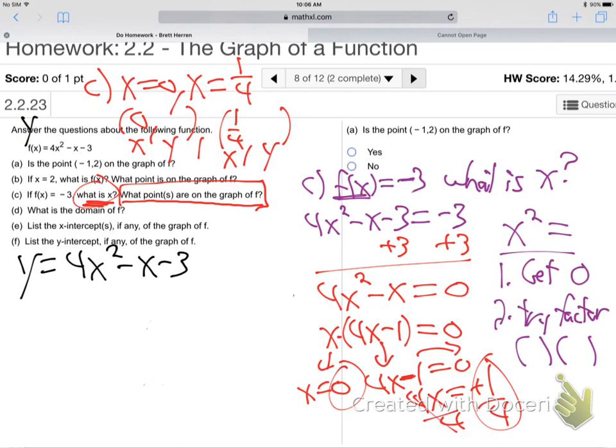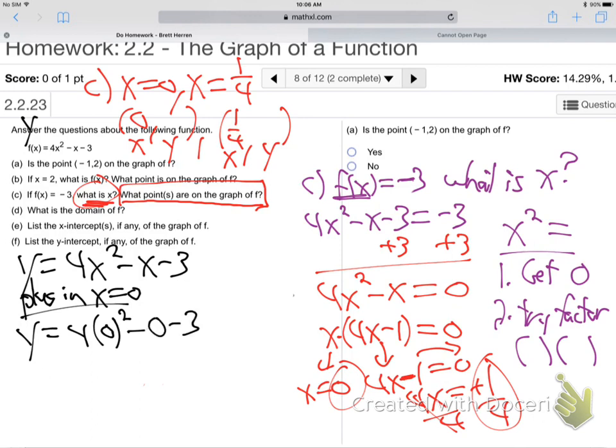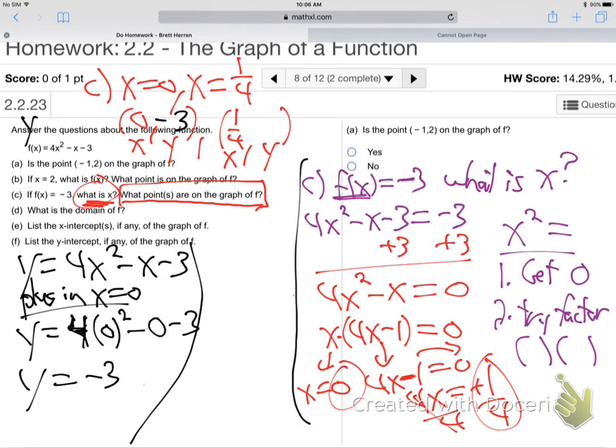When you plug in 0, you can tell it's just going to be negative 3. So that's 0 minus 0 minus 3. And then, secondly, start again. I'm just running out of room here.